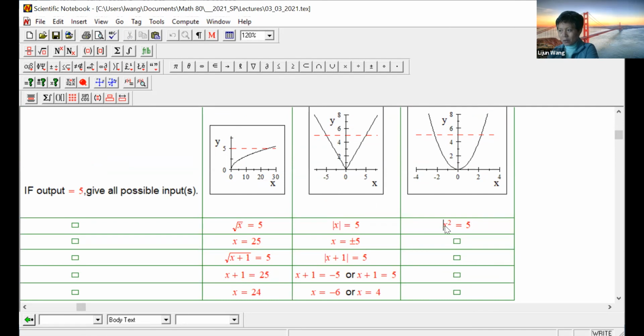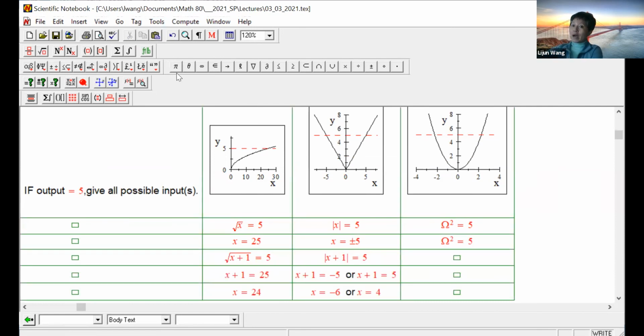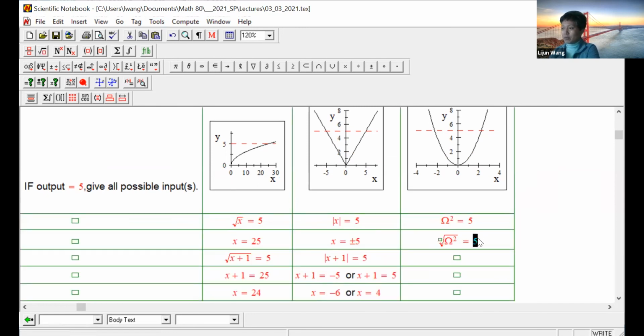Suppose this is bologna. Same form. So what do we do here? We're going to take the square root on both sides. Remember, this is an if statement, right? If the output is 5, we want to find the input. So if that is true, we take the square root on both sides.